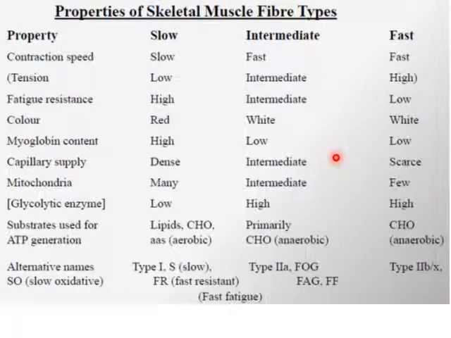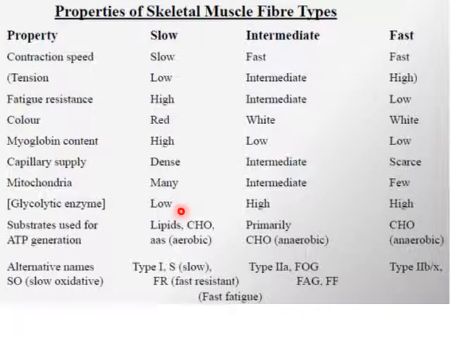Now coming to the color, slow fibers are red, the others are white. This is red because it contains a lot of myoglobin and mitochondria. You can see here the myoglobin and mitochondria are high in slow, whereas they are low in the other types of fibers, that is in intermediate and fast fibers.